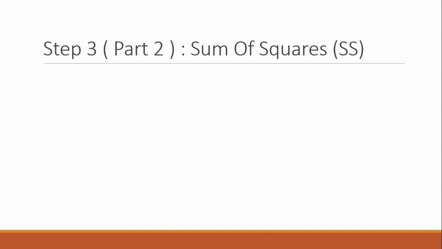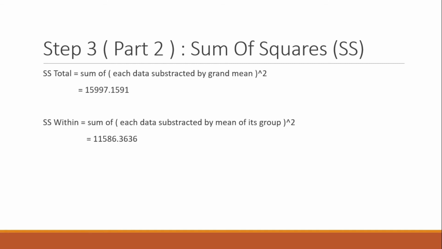For the second part of step 3, we will be finding the sum of squares. There are three sum of squares, which are the sum of squares total, the sum of squares between, and the sum of squares within. For sum of squares total, we will be finding the sum of each data subtracted by the grand mean, which we found just now, squared. And this will give us a value of 15,997.1591. For the sum of squares within, we will be adding each data subtracted by the mean of its own group to the power of 2.